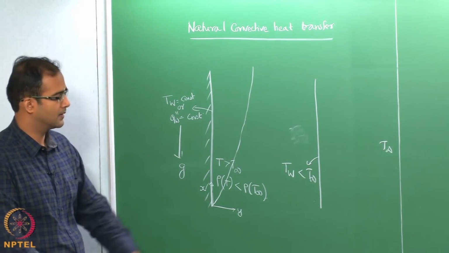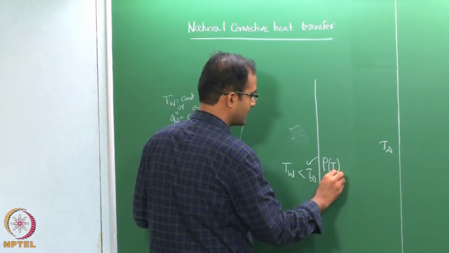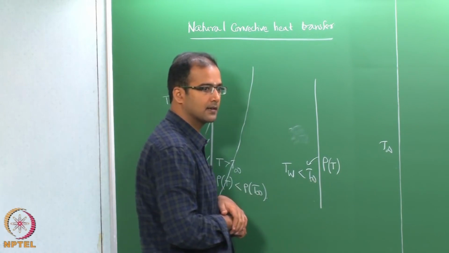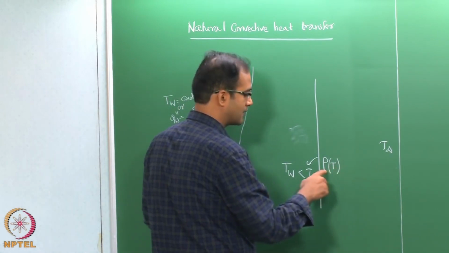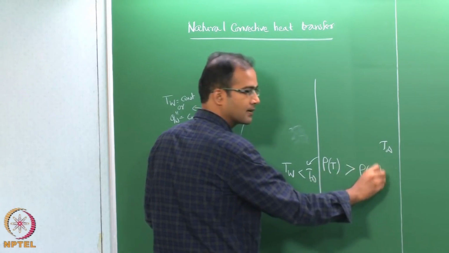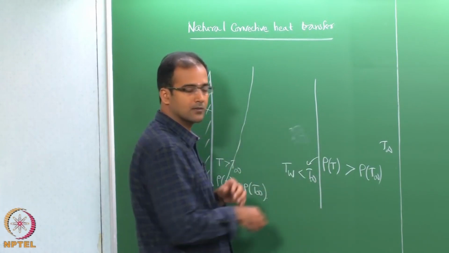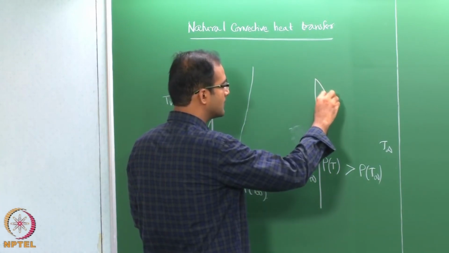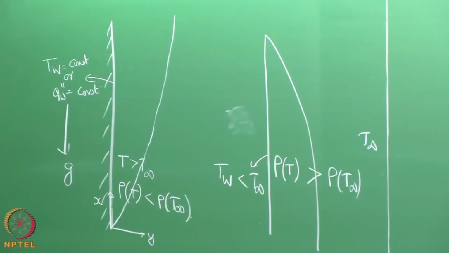From top to bottom, because here the density will be a function of temperature which will be lower. This temperature is lower than T infinity, therefore, this density will be greater than rho at T infinity. So, essentially the heavier fluid has a tendency to go down, and therefore, you have a boundary layer in this case which essentially goes from top to bottom.